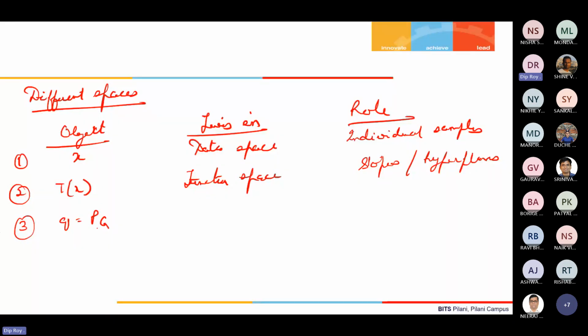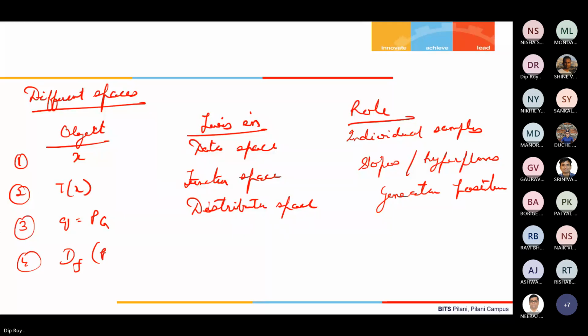So this is your distribution space, and this is basically the generator position. And the last is essentially the f divergence. This is a scalar, and this is the height of the surface.